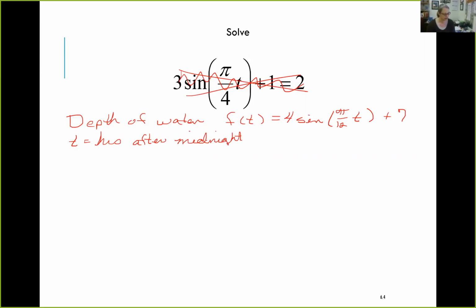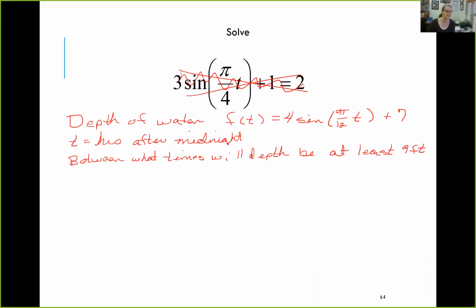If a boat needs 9 feet, I want to know between what times the depth will be at least 9 feet. So when can the captain come dock his boat if he needs 9 feet of depth?